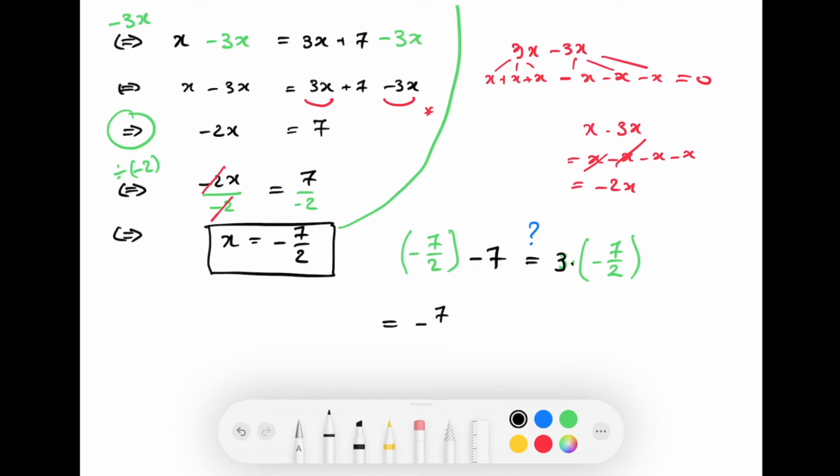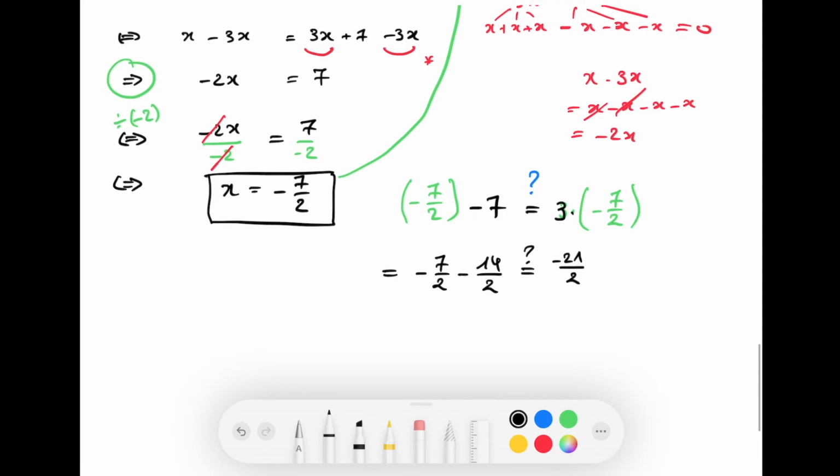So we get minus 7 over 2, minus 14 over 2, just putting it on equal denominators. Is this equal to minus 21 over 2? Because this 3 gets multiplied by this minus 7, which is minus 21. Is this indeed the case? So minus 7 minus 14.